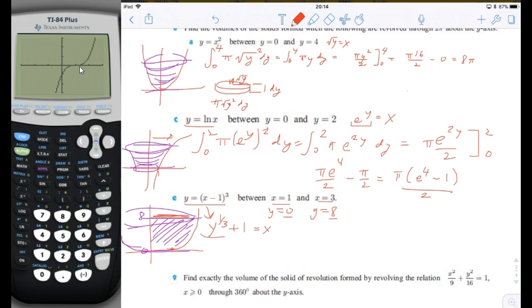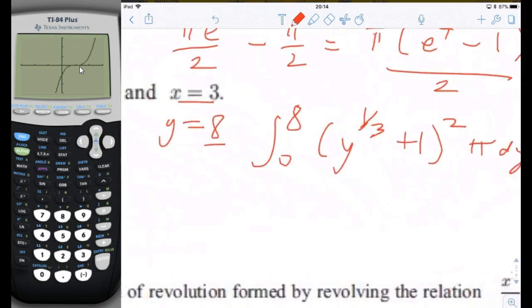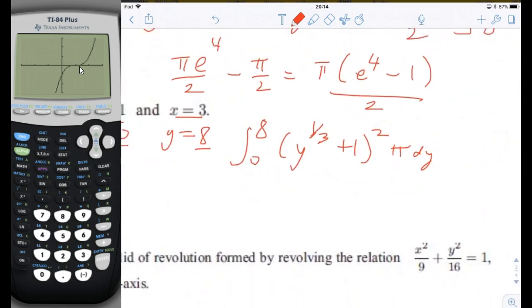So this would be the radius that would be used in the integral. The integral would be from y equals 0 to y equals 8 of the cube root of y plus 1, squared, because it's radius squared, times pi dy. And then to integrate this, I'm going to have to expand it with FOIL. So I would end up with y to the 2/3 plus 2y to the 1/3 plus 1, times pi dy.